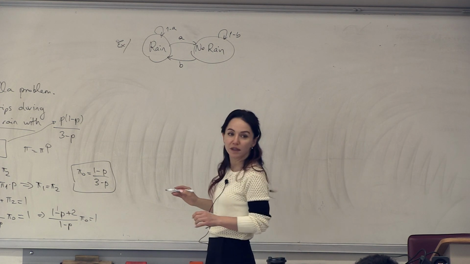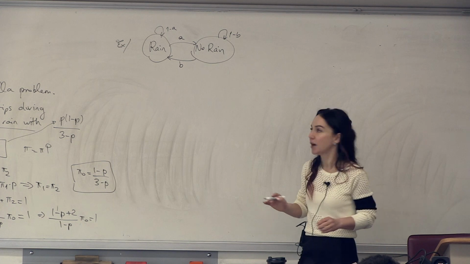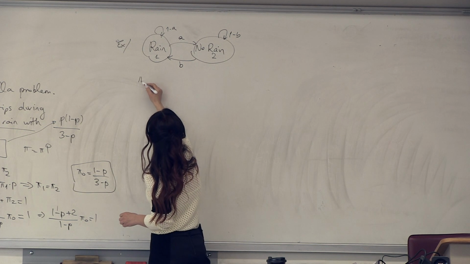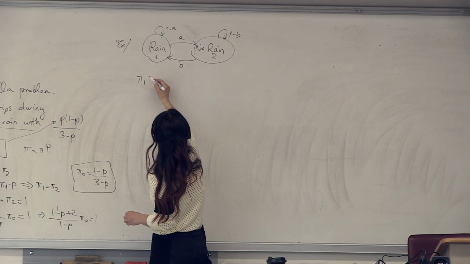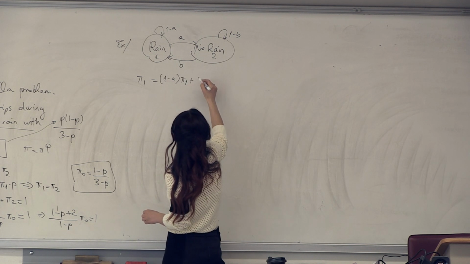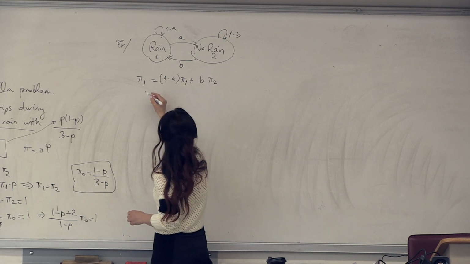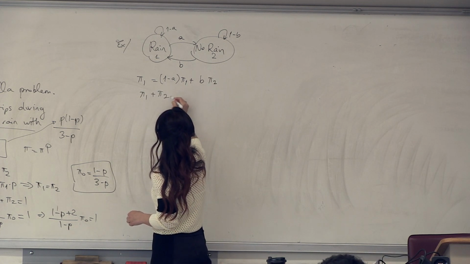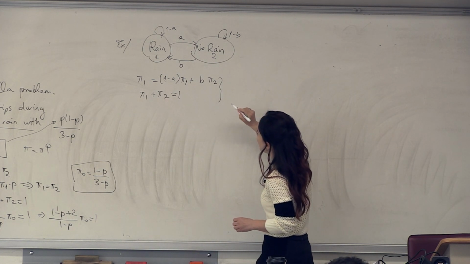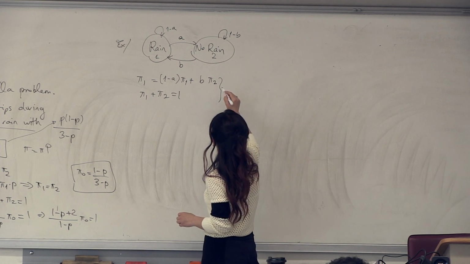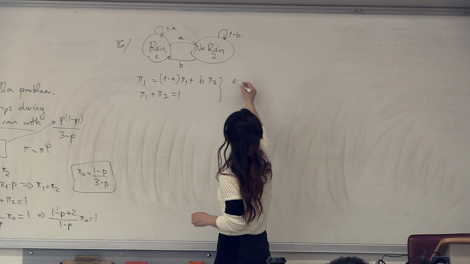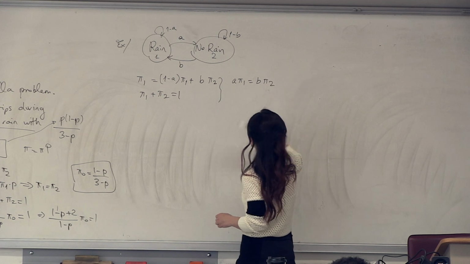So let's solve for the steady state in this example. Let me call them 1 and 2 for convenience. Pi 1 equals (1 minus A) pi 1 plus B pi 2. And pi 1 plus pi 2 is equal to 1. As a result, I find that basically from here, A pi 1 is equal to B pi 2.